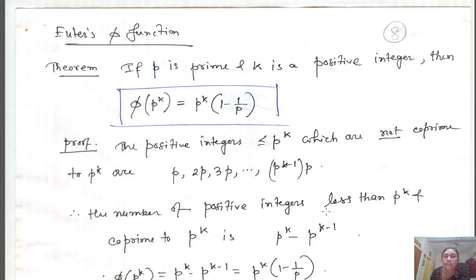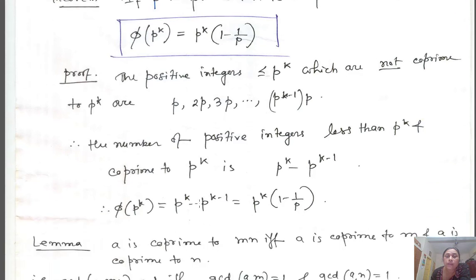So the number of positive integers less than or equal to p to the power k and co-prime to p to the power k will be, so total how many integers are there? Positive integers less or equal to p to the power k, that is p to the power k. And how many are not co-prime? p to the power k minus 1 many. So how many are co-prime to p to the power k? p to the power k minus p to the power k minus 1. So the total number of positive integers less or equal to p to the power k is p to the power k, and those not co-prime to p to the power k are explicitly these elements.